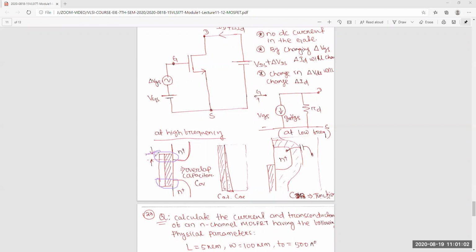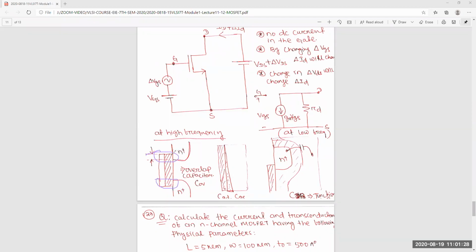You call it C overlap, CGD and CGS overlap. It does not depend on voltage; it's linear. It does not depend on whether the gate voltage increases or decreases. This value is purely physical, due to the physical structure, so it will not change. This value is always constant.